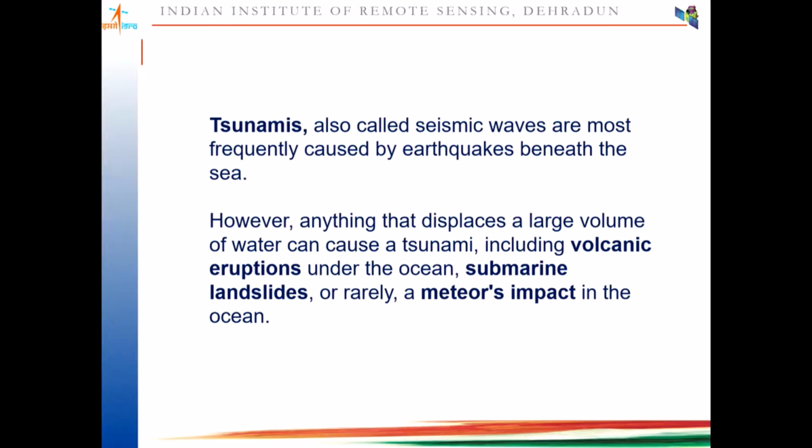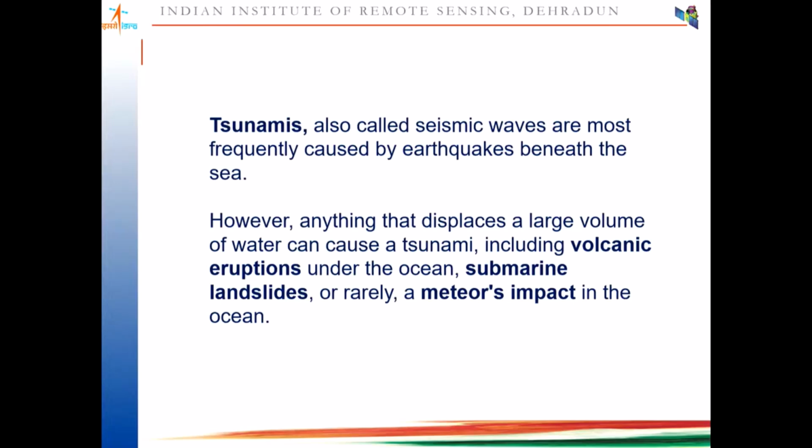So in general, anything that displaces a large volume of water can cause a tsunami. That is a volcanic eruption under the ocean, or a submarine landslide. Rarely, a meteor's impact coming from outer space and dashing on the seawater.